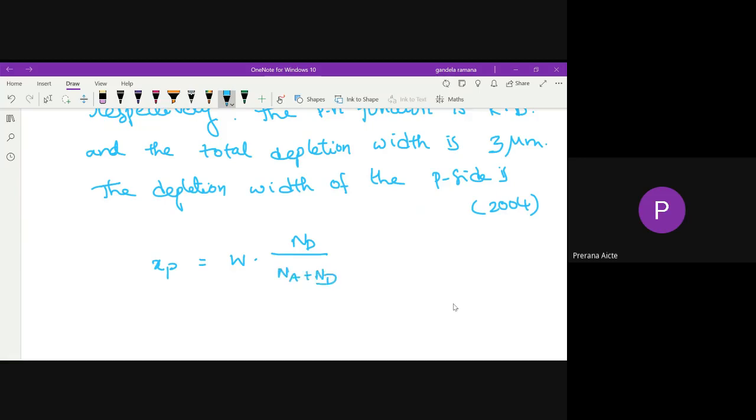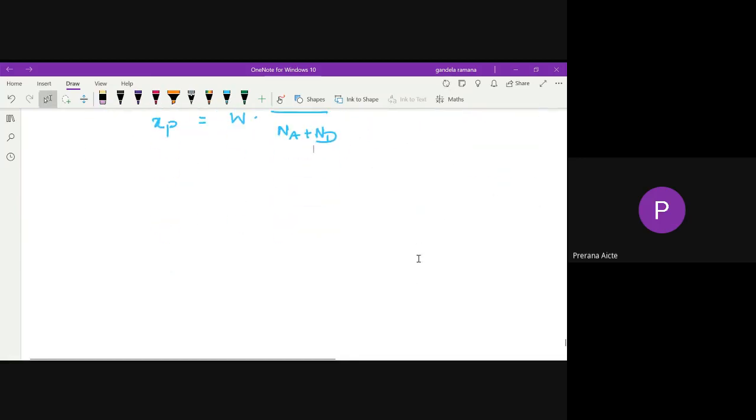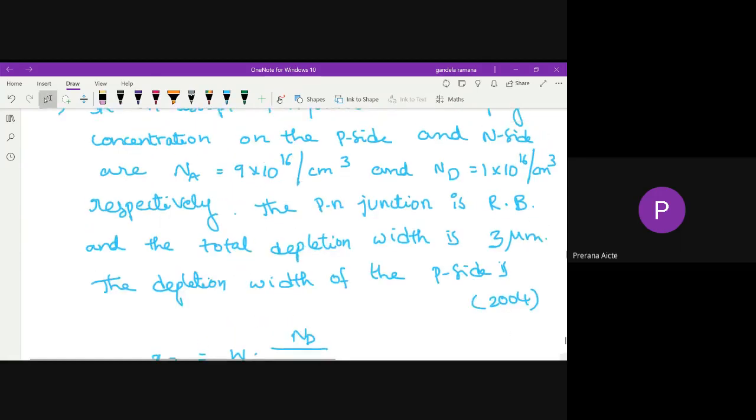The total depletion width is 3 micrometers, and Nd is 1 into 10 power 16 per centimeter cube.